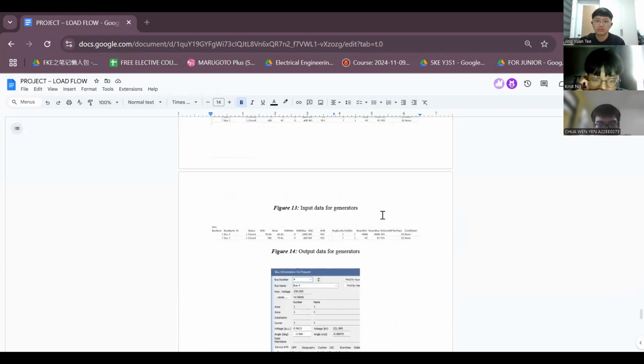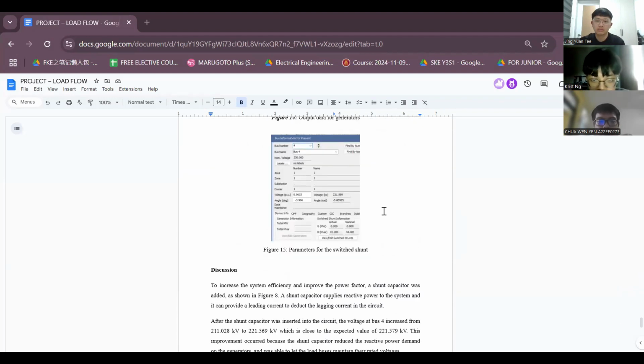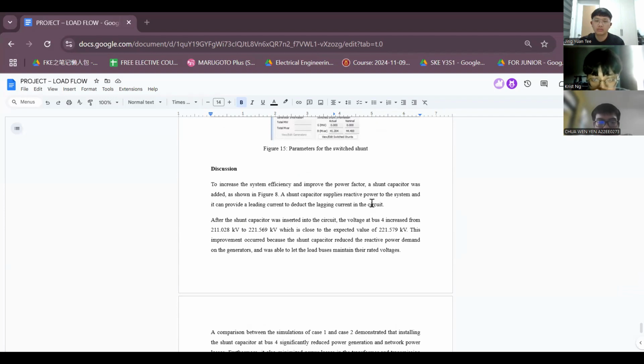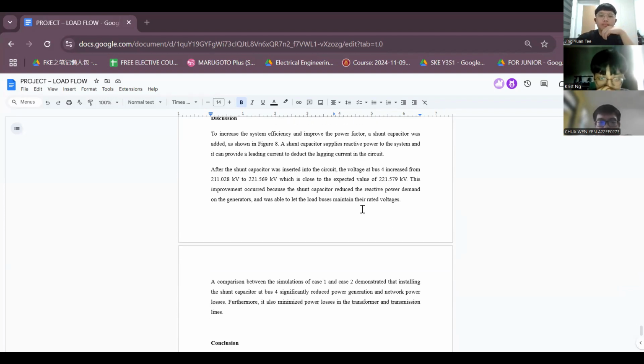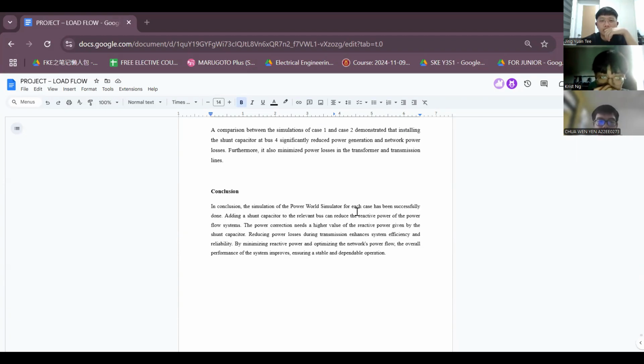The shunt capacitor will reduce the reactive power demand on the generator and is able to maintain rated voltage on the load bus. In conclusion, the simulation in PowerWorld for each case has been successful. Adding a shunt capacitor to the relevant bus can reduce the reactive power of the system.